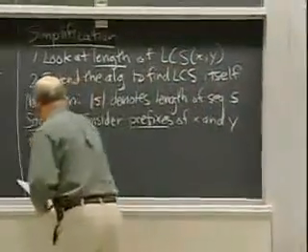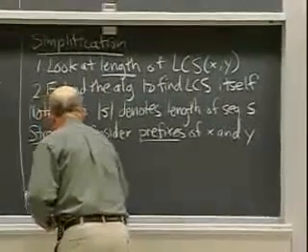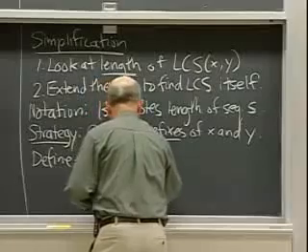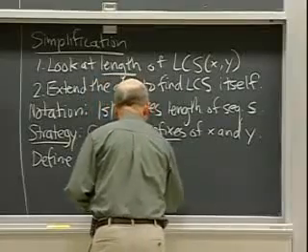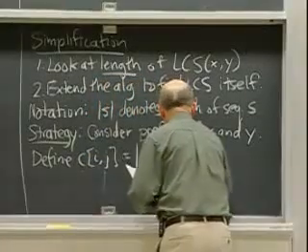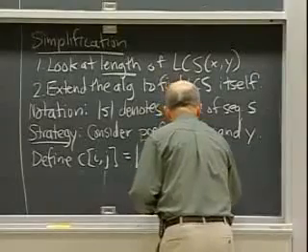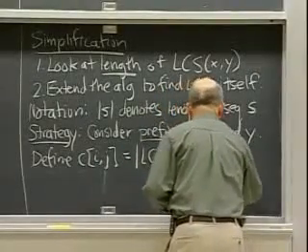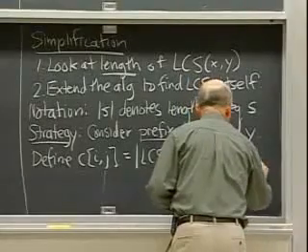In particular, we're going to define C of ij to be the length of a longest common subsequence of the prefix of x going from 1 to i and y going from 1 to j.